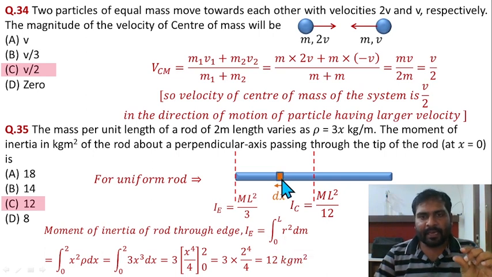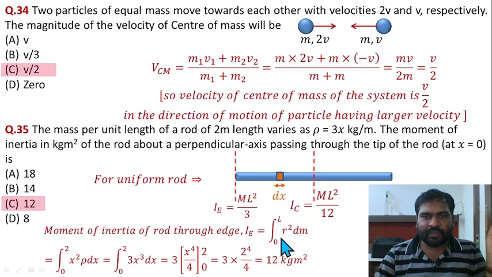Take a small element of this rod at distance x, then mass of this dx element is going to be density multiplied by dx, so rho dx. Moment of inertia of rod through edge I equal to integral 0 to L r square dm.